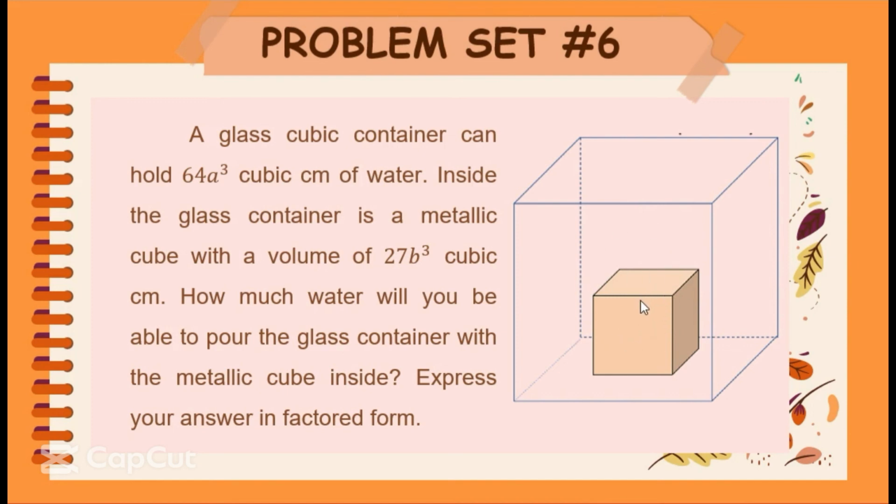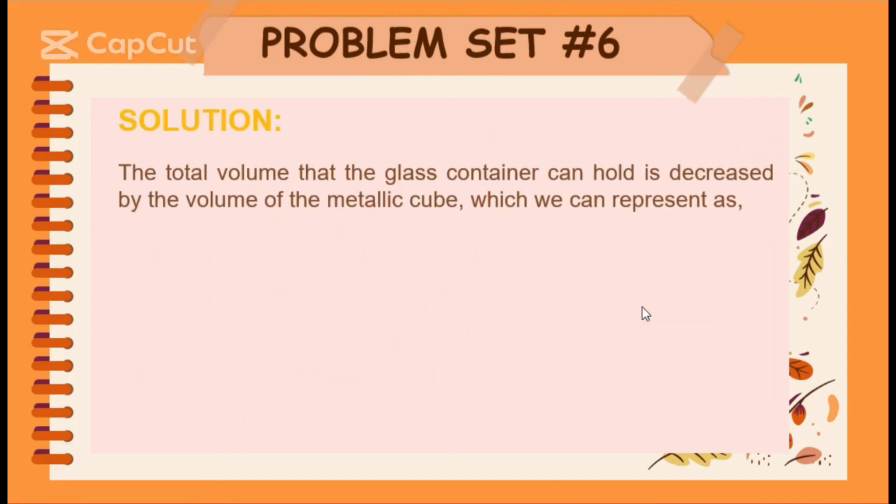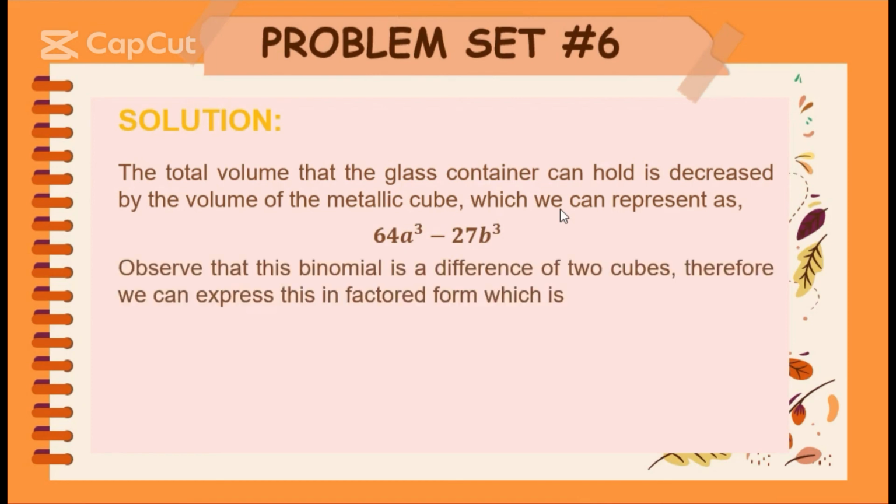So, para malaman ano yung volume nun, we have to get the difference of these two cubes. So, we have, okay, the total volume the glass can hold is decreased by the volume of the metallic cube, nabawasan. We can represent it as 64a cubed minus 27b cubed. Now, as you can see, the binomial is a difference of two cubes.